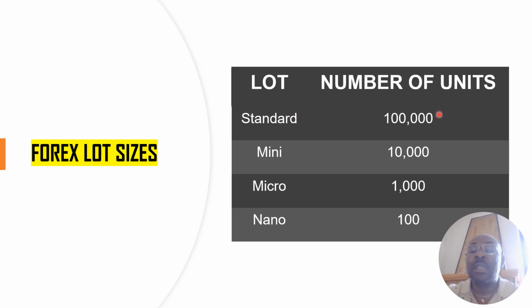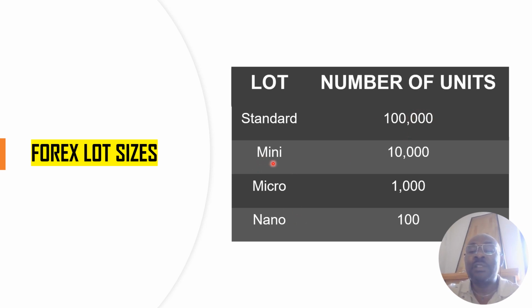For a standard lot size, what you need to drop is 10%. Then your broker will drop the remaining amount. That is how leverage works, and that is where your broker comes in.